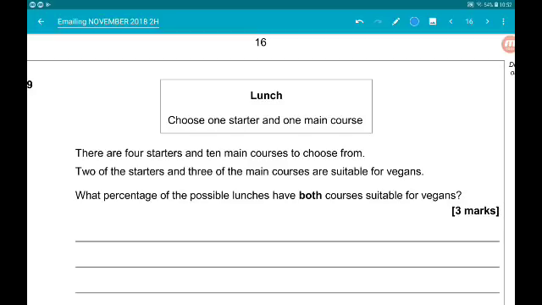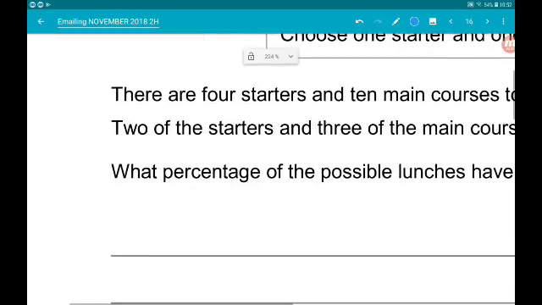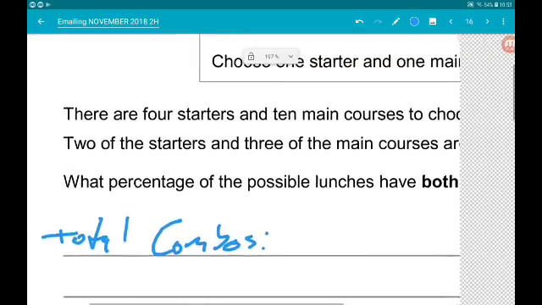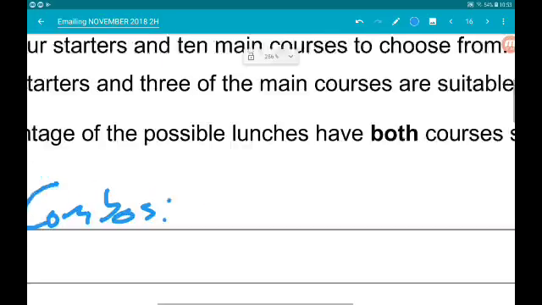Okay, so this is what they call the product rule for counting. So to work out total combinations, total combos is just the number of starters times the number of mains.